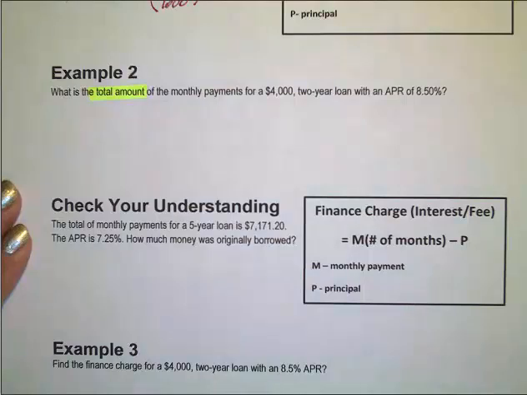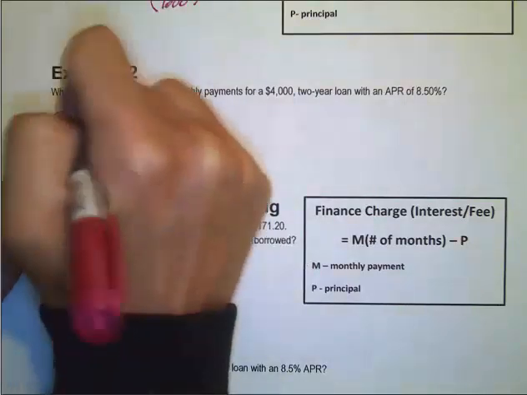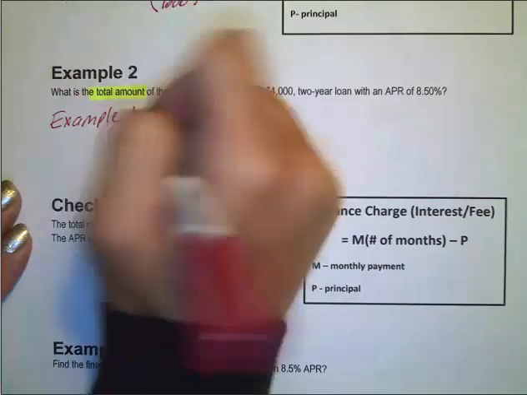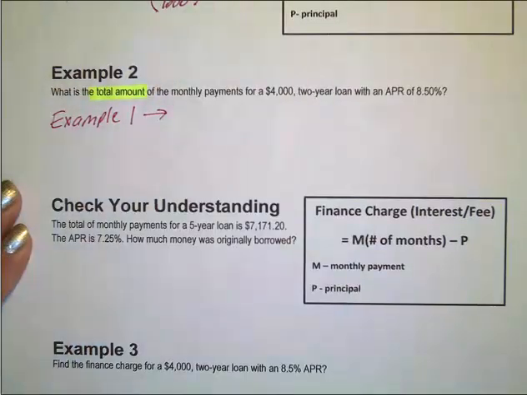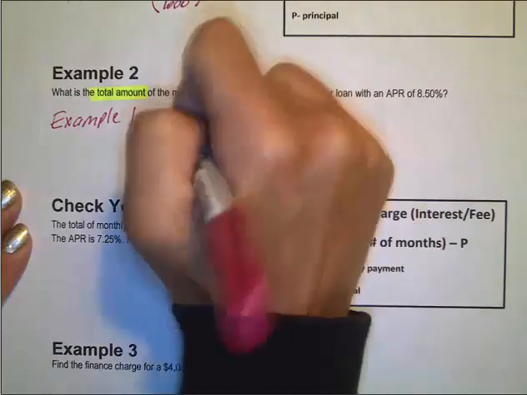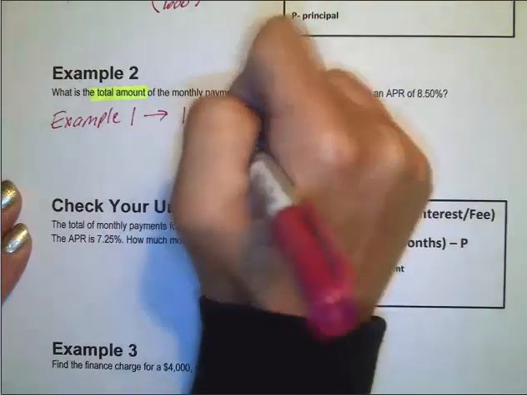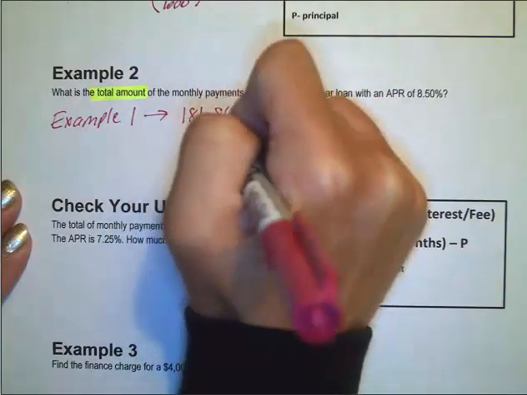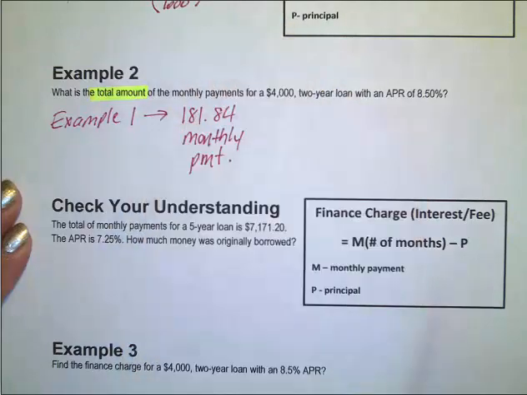So what we found in example 1 was that we are going to pay $181.84 a month for that loan. Well, it's a 2-year loan.